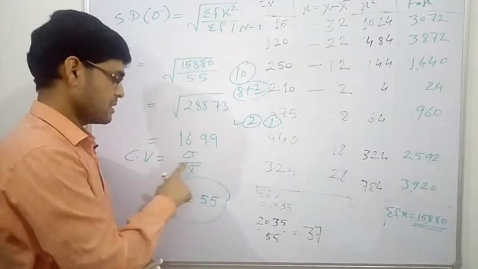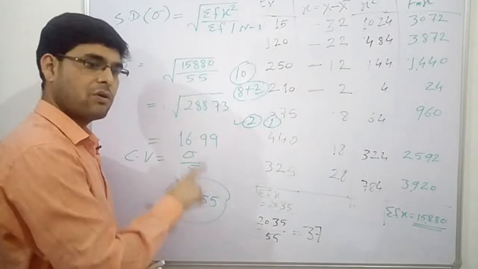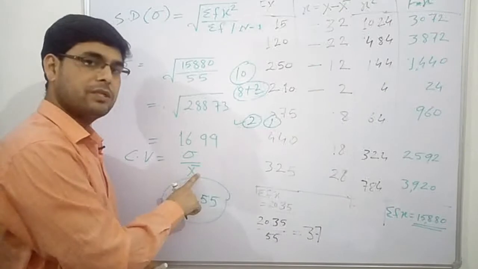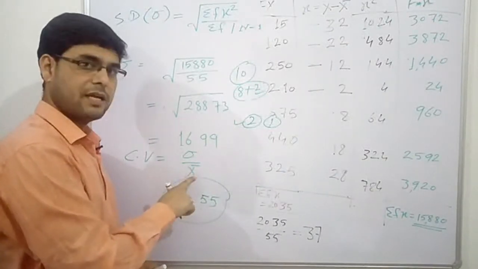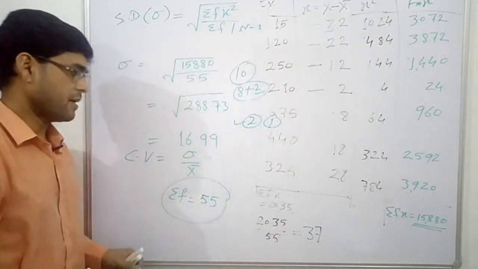This helps us find which group has more volatility in comparison to the mean, which is very important in decision making or making any inference about statistical data.